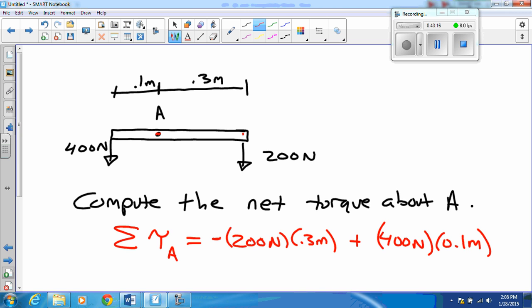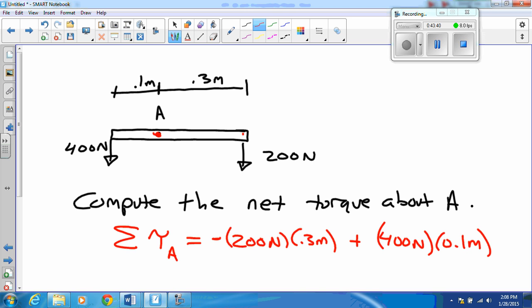And to get the sign of that torque, we ask again, clockwise or counterclockwise. So we go to point A, and we imagine the 400 Newton force causing a rotation, and if it rotates, it will rotate this way, which is counterclockwise around A. That's a positive torque, positive rotation.